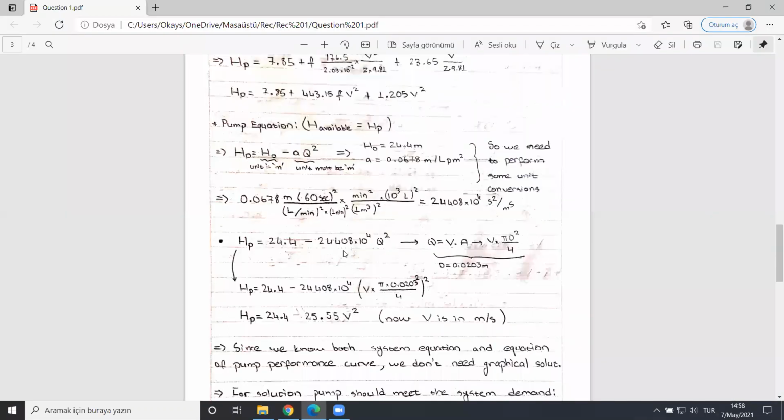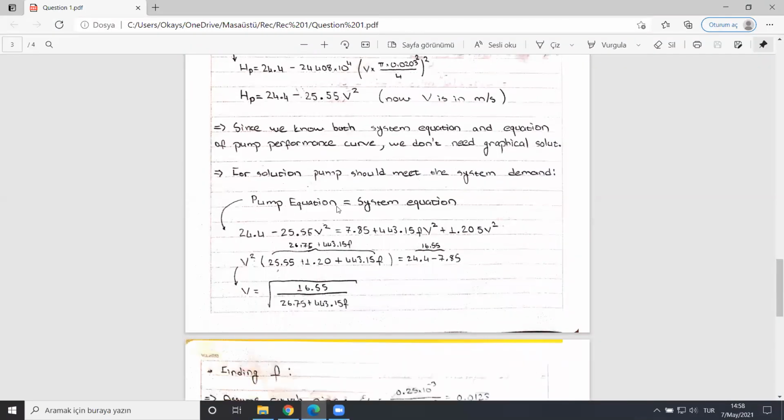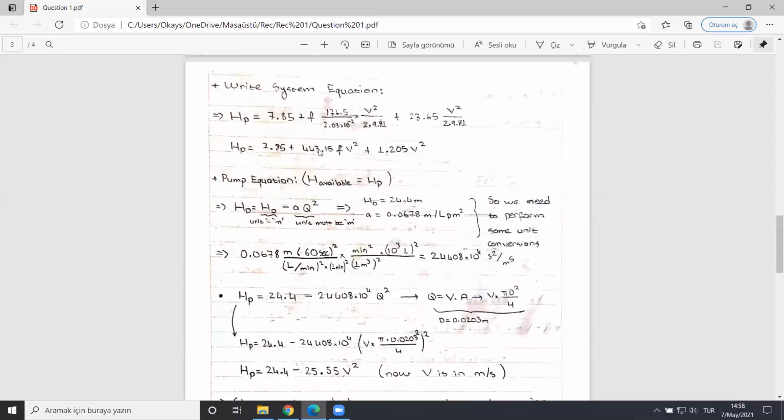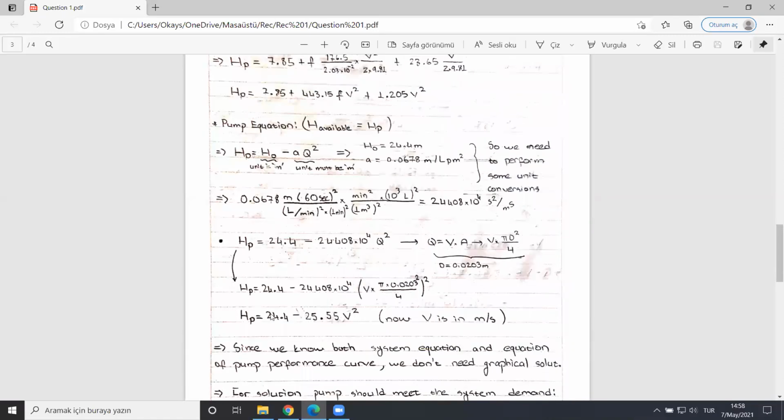So in our example, we have one system equation for pump head, and we have one pump equation given by the question. Both of them are equal to the pump head, so they're basically equal to each other.